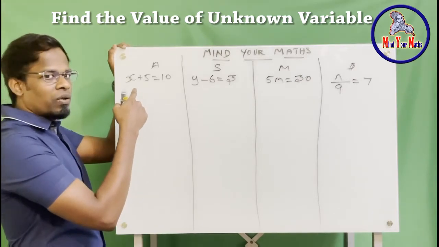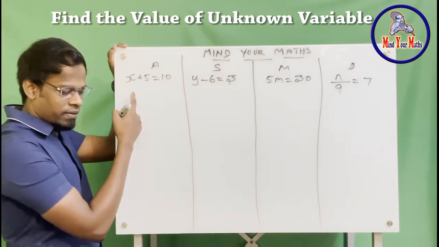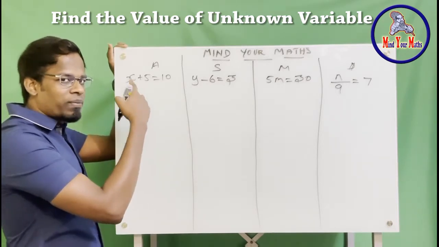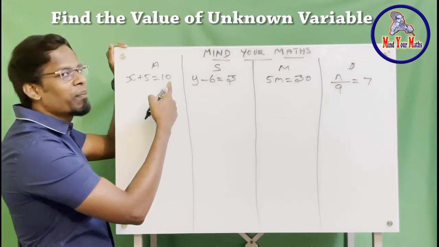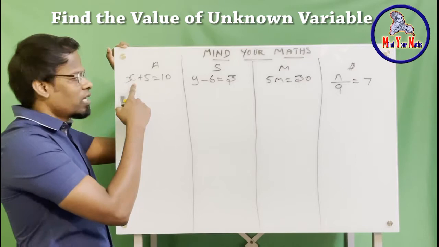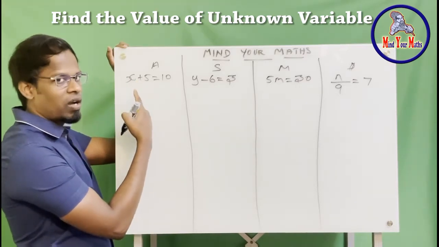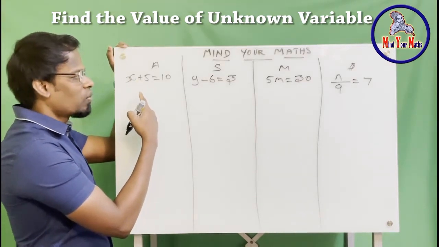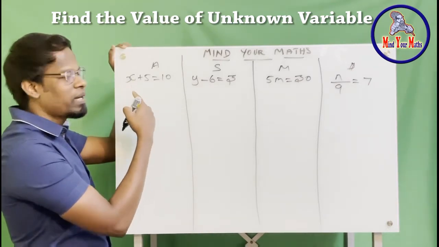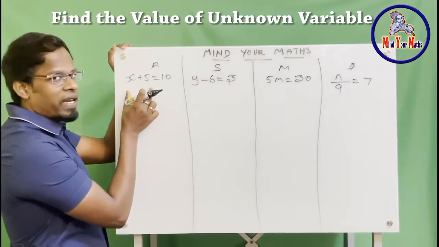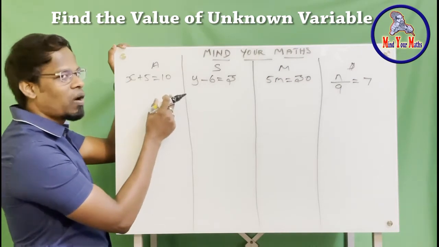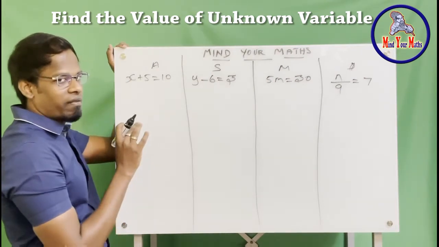We need to isolate, or separate, the unknown from the known, which means the known are the numbers and the unknown is only the x, the variable, right? What I mean is that on one side you should only have what is unknown, and on the other side you can have all the known values, right?